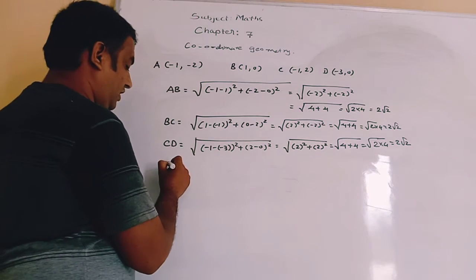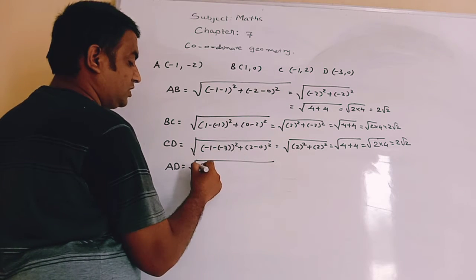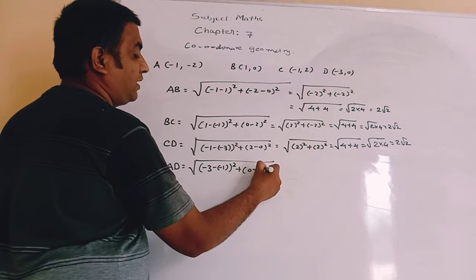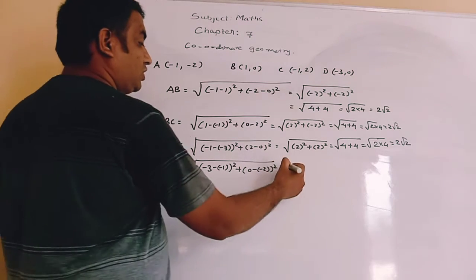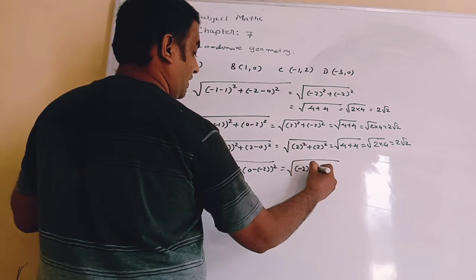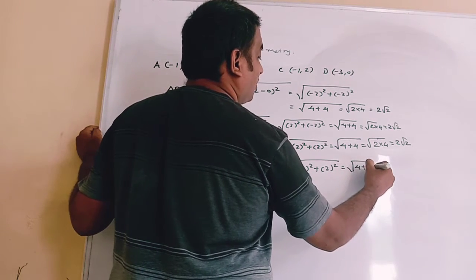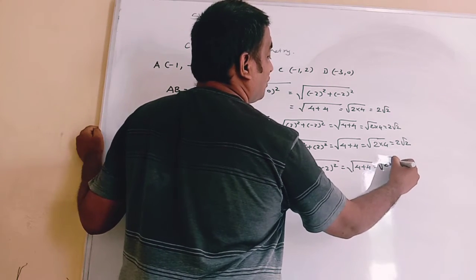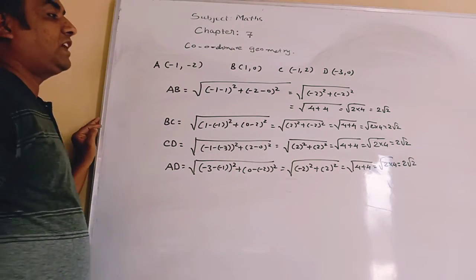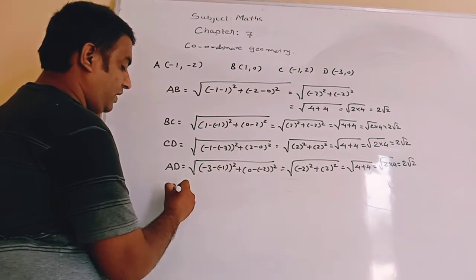And AD we calculate. And AD also according to our distance formula, (-3 - 1) square plus (0 - 2) square. So here you can see that -3 plus 1, that is -2 square plus 2 square. So it is 4 plus 4, 2 root 2. So 4 sides are equal, so it can be rhombus or square. So let's find out diagonals AC and BD.